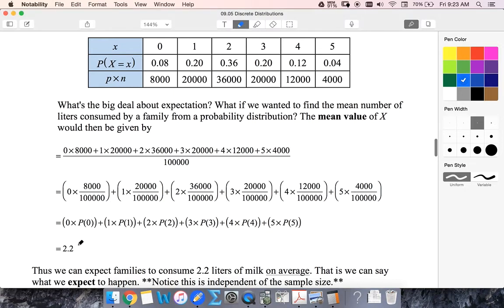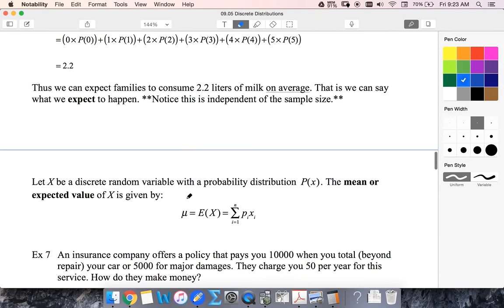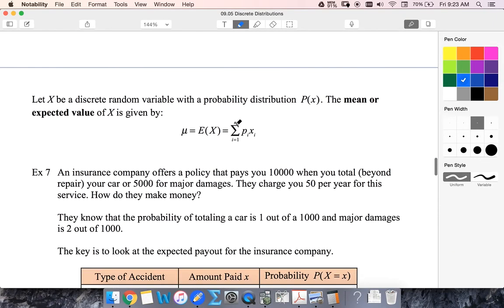Calculate this and I get 2.2. So in general, we expect families to drink 2.2 liters of milk on average. So this is our formula for expected value. So mean or expected value, I'm going to add up all of my probabilities times the x values.